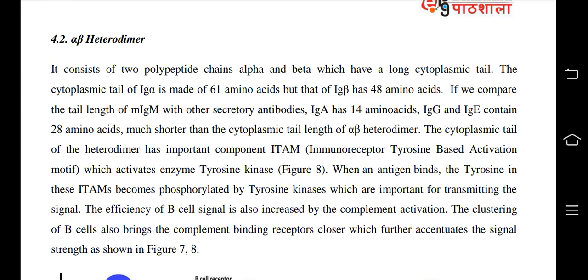When an antigen binds, tyrosine in these ITAMs becomes phosphorylated by tyrosine kinase, which is important for transmitting the signal. The efficiency of B cell signal is also increased by complement activation. The clustering of B cells also brings the complement binding receptors closer, which further increases the signal strength.